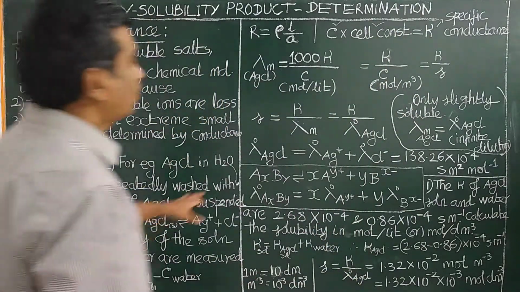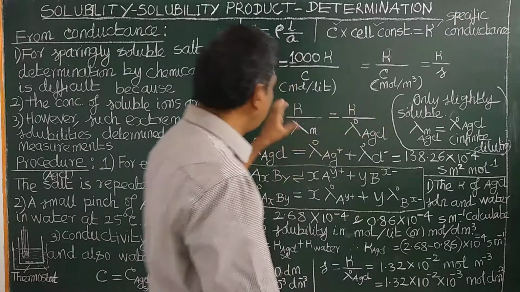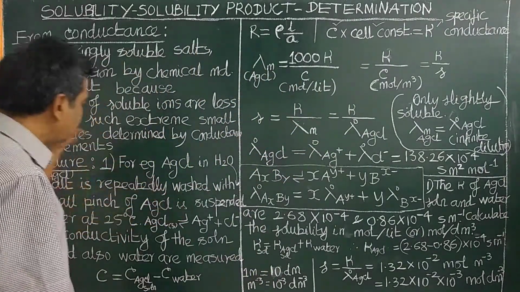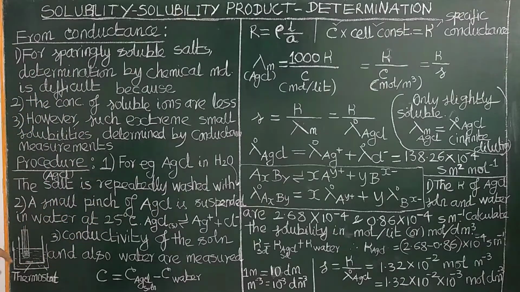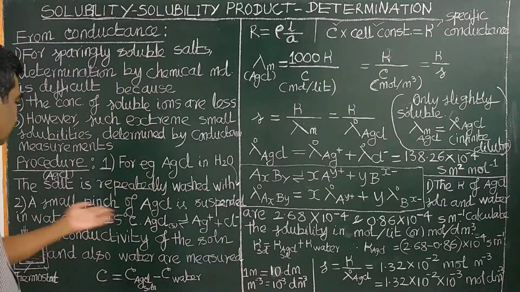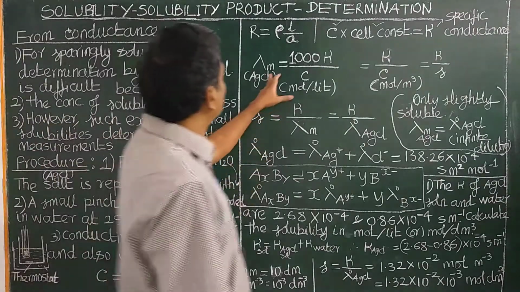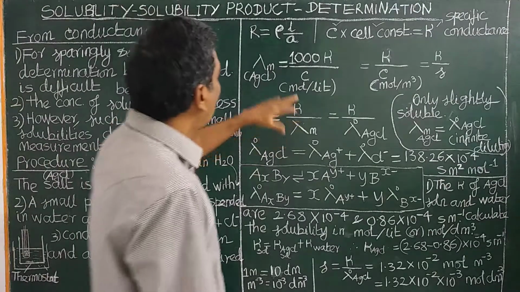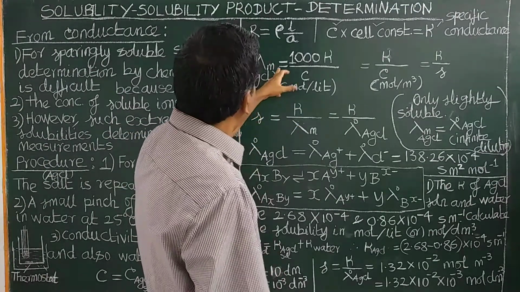Remember, there are two formulas used to calculate the solubility or concentration of the silver chloride that is dissolved in water. How much silver chloride is dissolved in water? That is solubility, that is the concentration of silver chloride. Now lambda m, the molar conductance, is determined from the conductance.